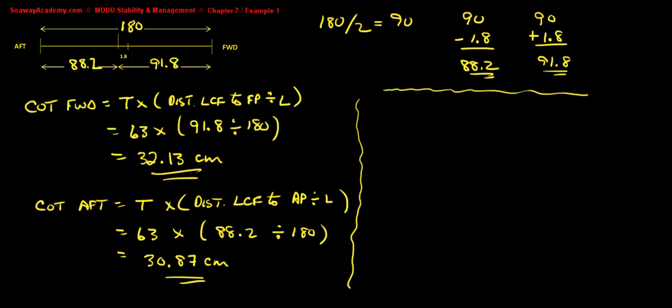So now we calculate our final drafts. So we take our initial drafts. We're going to apply the change of trim that we calculated in order to obtain our final drafts.